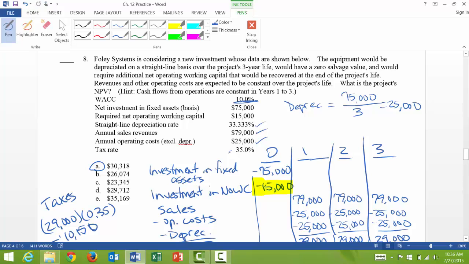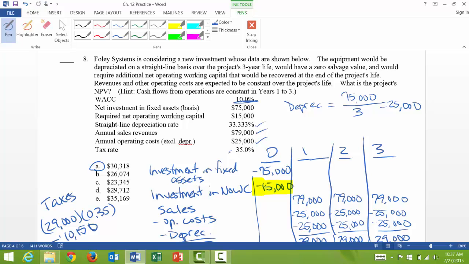So it was a lot of work for this problem. That's why I only put one here in the set. But that's how we do it. That was kind of the whole point of the chapter, was to go through those pieces to be able to put this larger puzzle together and figure out the NPV. Before, you were just given those cash flows at the very end that were already done.